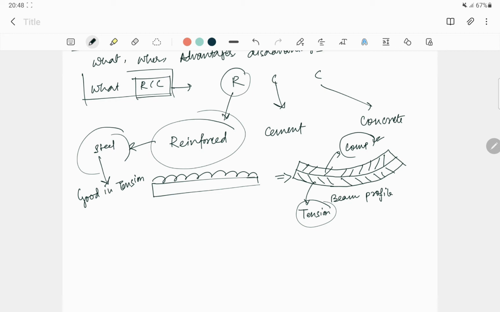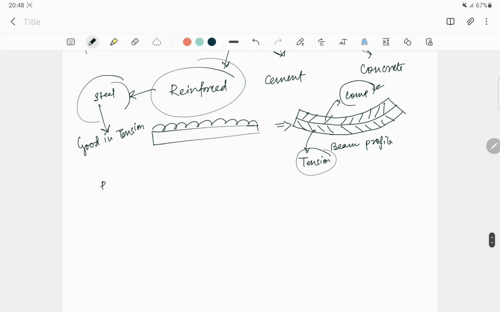PCC has low tensile strength, so to improve the tensile strength, steel bars are reinforced with the concrete.